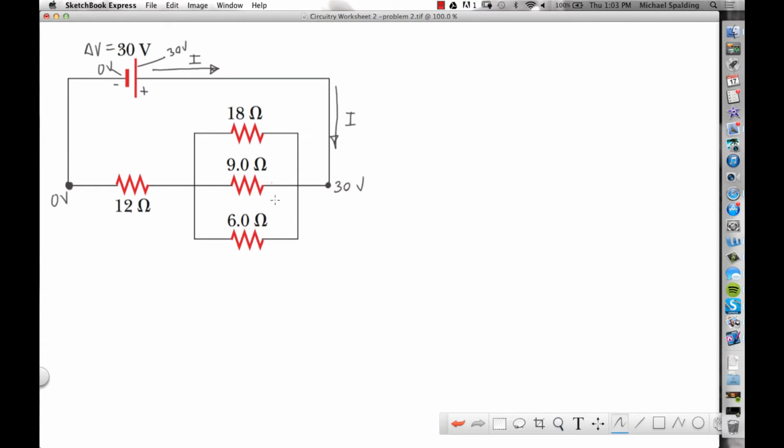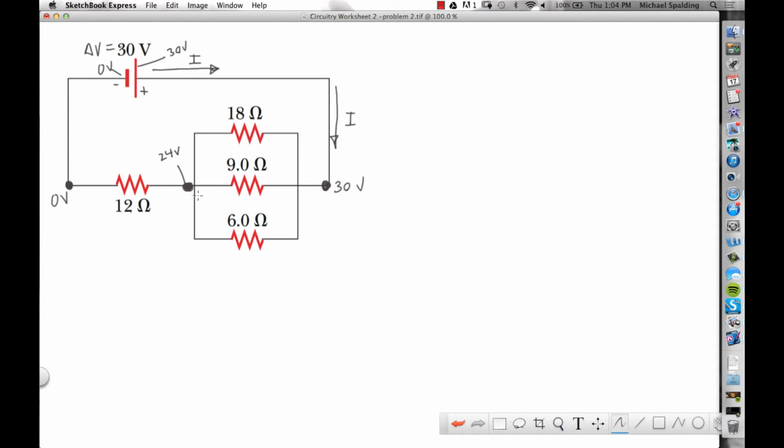Now, as the current moves from this point to this point, there's going to be a drop in volts, and by the time we get over here, it's got to be 0. Does that make sense? I'm just going to tell you what this works out to be. This point right here turns out to be 24 volts.